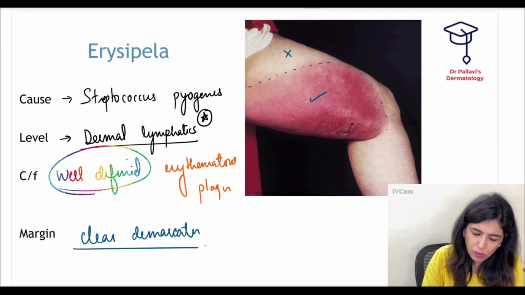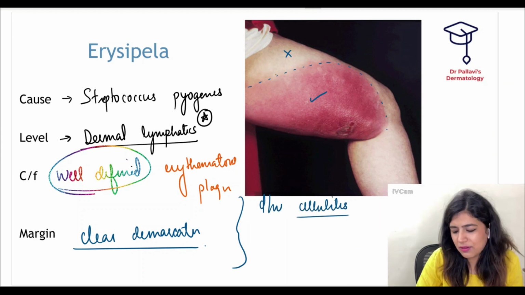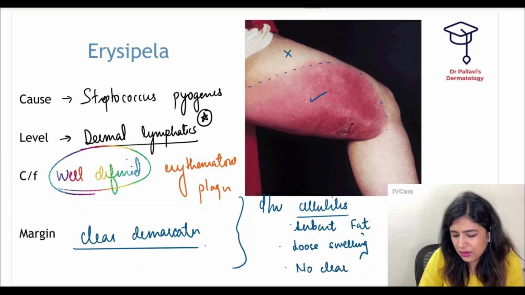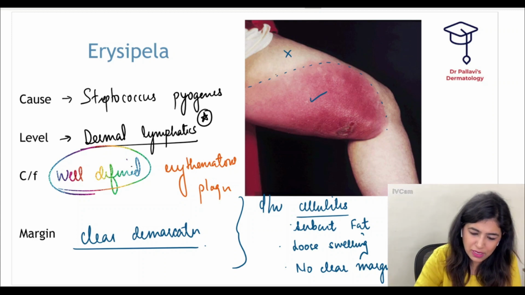So these are some important clinical features which are also used to differentiate erysipelas from cellulitis. Cellulitis is also a bacterial infection which mainly involves the subcutaneous fat, but it is a loose swelling which doesn't have any clear margins. So that is an important criterion to differentiate cellulitis from erysipelas.